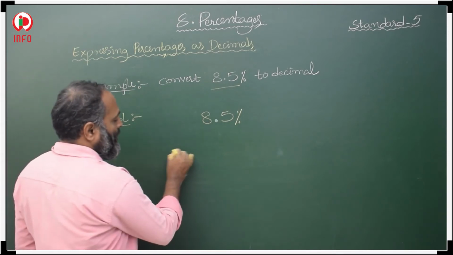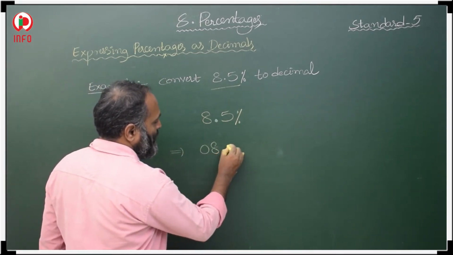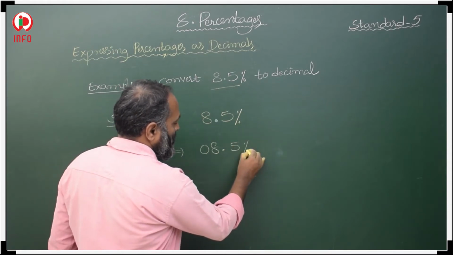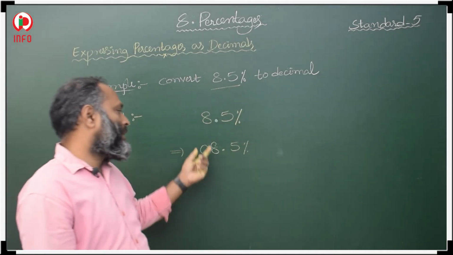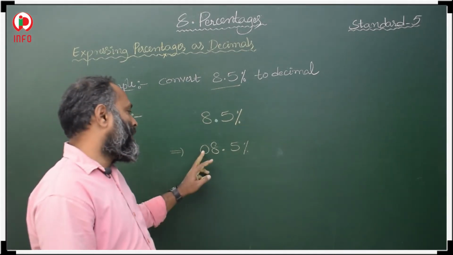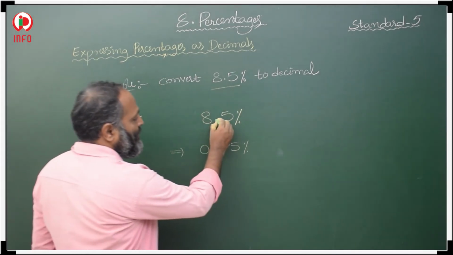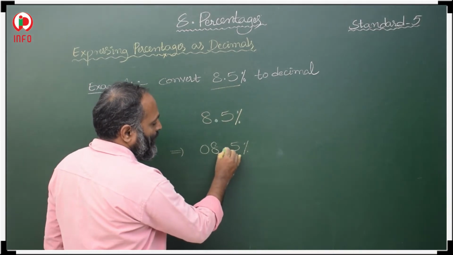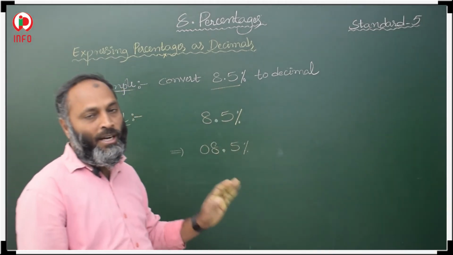Suppose I write it like 0.08.5. Are these two values the same? No doubt, 8 and 08, the values are the same. So why are we taking a 0 here? Because we have to move our decimal.